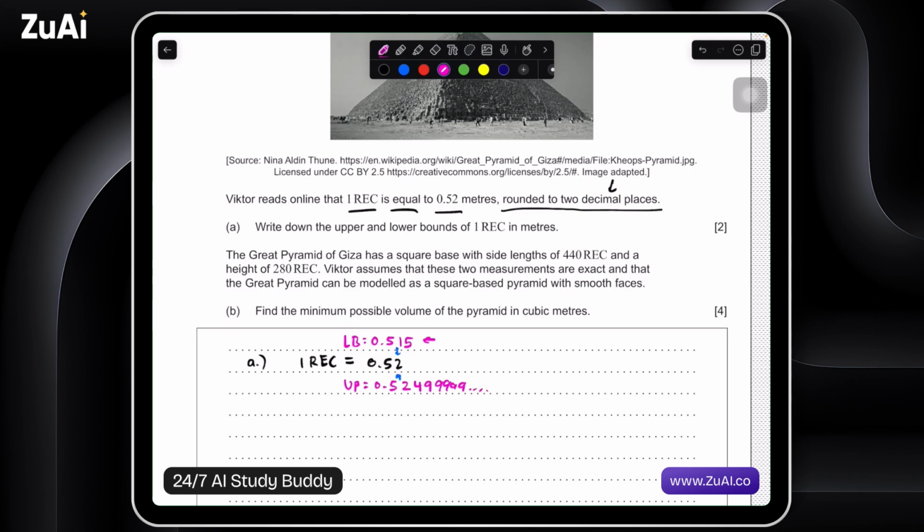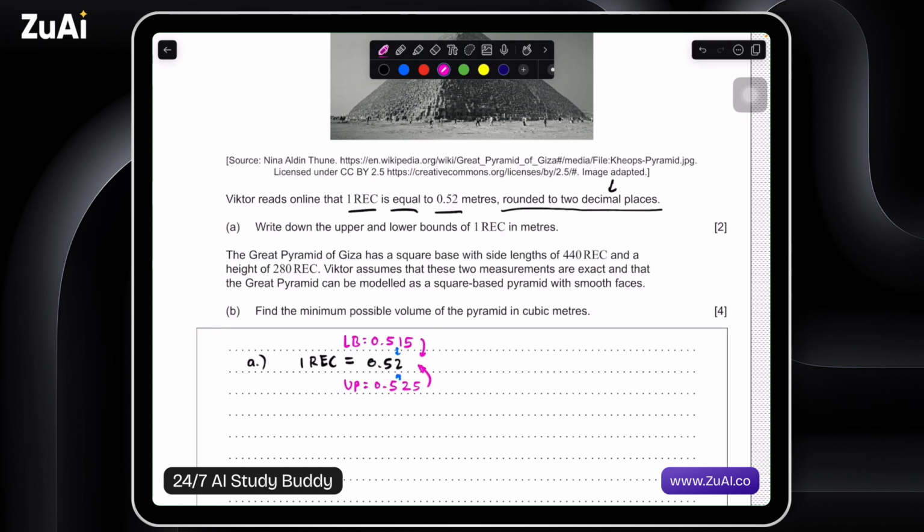If it's 0.5249999 all the way to infinity, essentially what we have is 0.525. So anything at 0.5249999, or essentially 0.525 and less, we round down, and anything above 0.515 we round up.